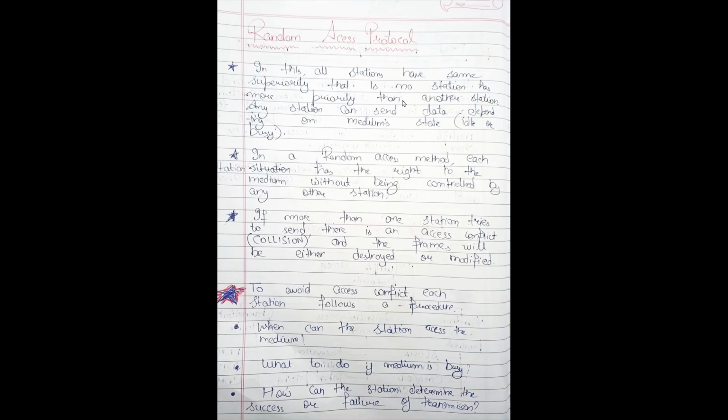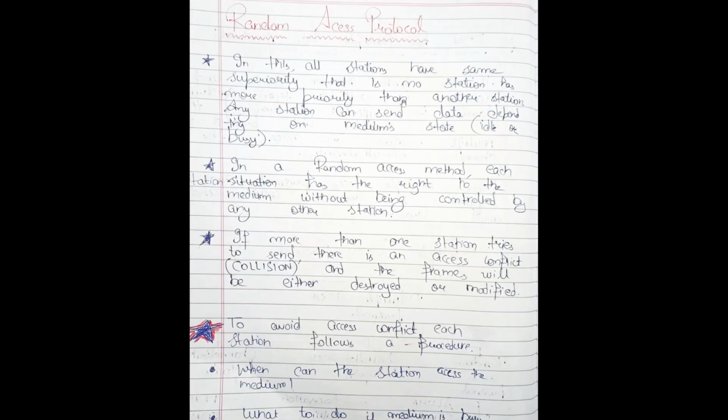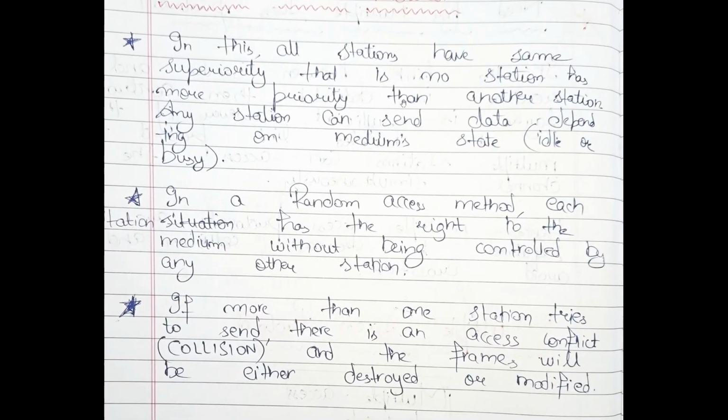Basically, in these, all stations will be having the same superiority. Alright, now what does this mean? First of all, just listen to what I'm saying. In this protocol, there's a link that 4, 5 or more computers are using, and any of those computers can send its data at any time as it wishes.